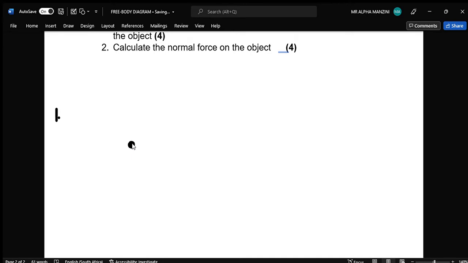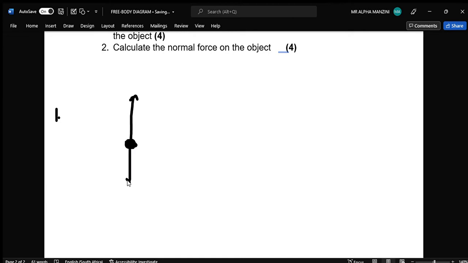This dot is representing our box. We have this force going up. We have this force going down.